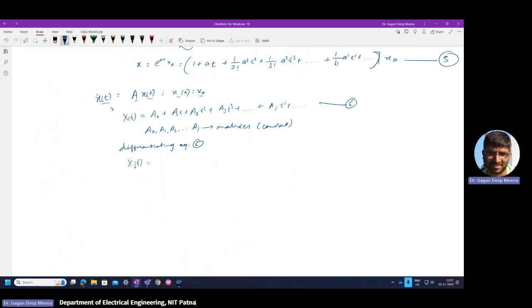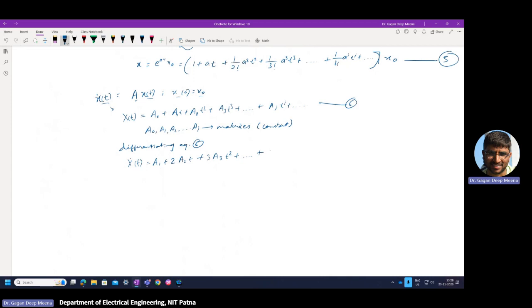If we differentiate the whole right hand side of this equation, then we'll get a1 plus 2a2 t plus 3a3 t square plus it will go on and on.